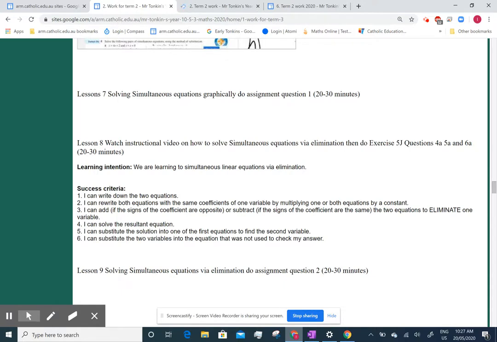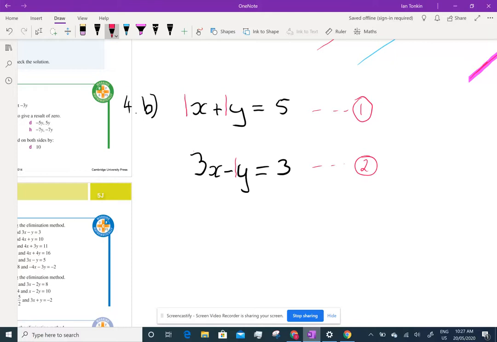And step 3, if the signs of the coefficient are opposite. Well, yes, I've got a plus 1y and a minus 1y. So I add these two equations, equation number 1 plus equation number 2.